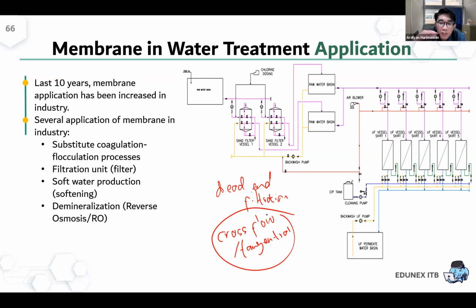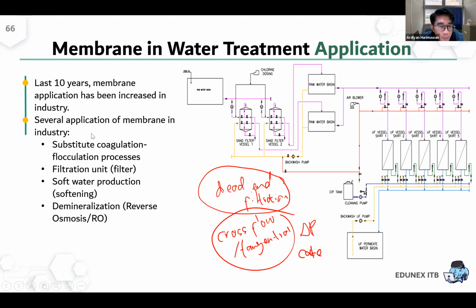The accumulation of the cake, the suspended solid accumulated on the layer of the membrane, will not be as much as in dead end filtration. It means it can be used for a longer duration. The pressure drop will still increase, same as with filtration, but you can use it for a longer duration because of the flow type when you use the membrane.